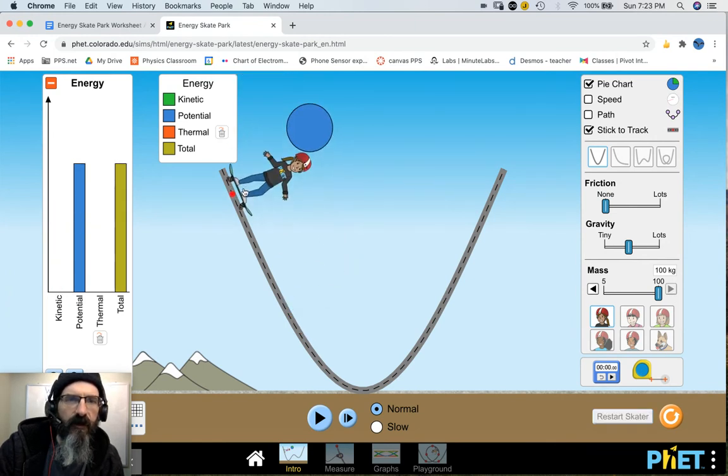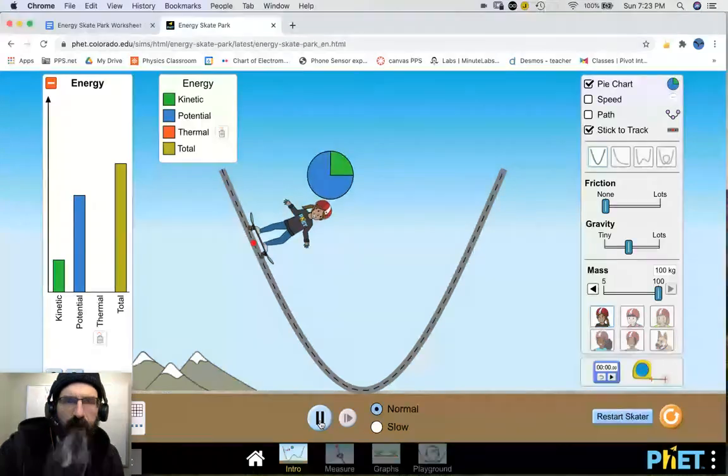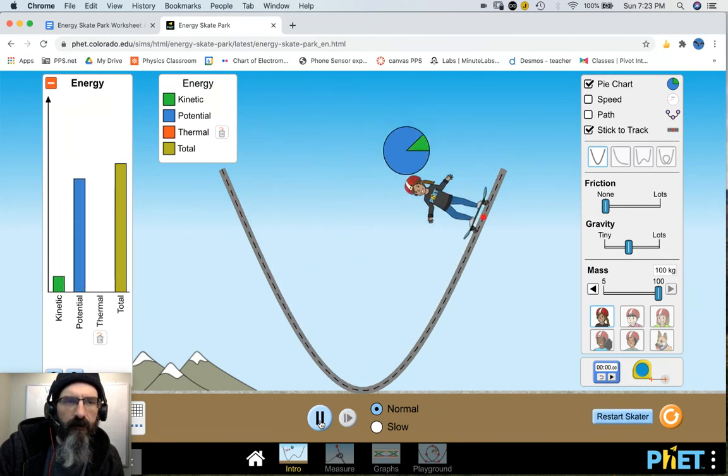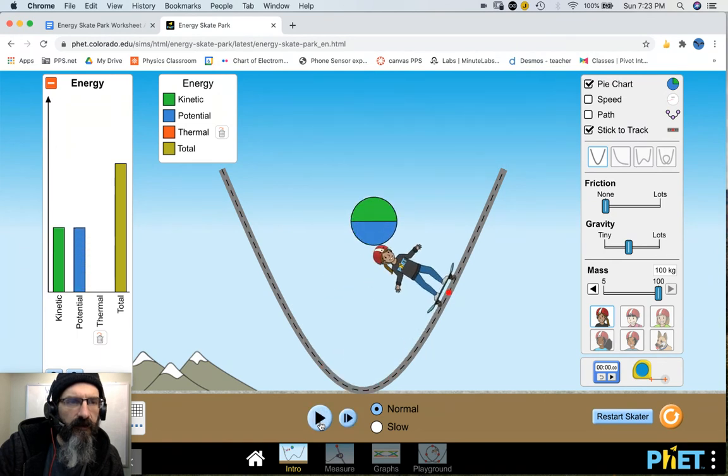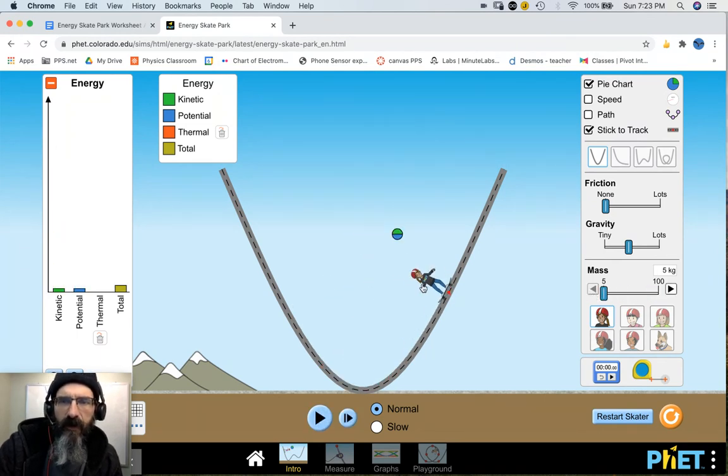I've given them all the mass. Same thing happens in the pie. The bar chart keeps doing the thing it does. I'm going to take all the mass away, make them as small as I can. Okay, so the way that they're showing that there's less total energy is by changing the size of the pie.